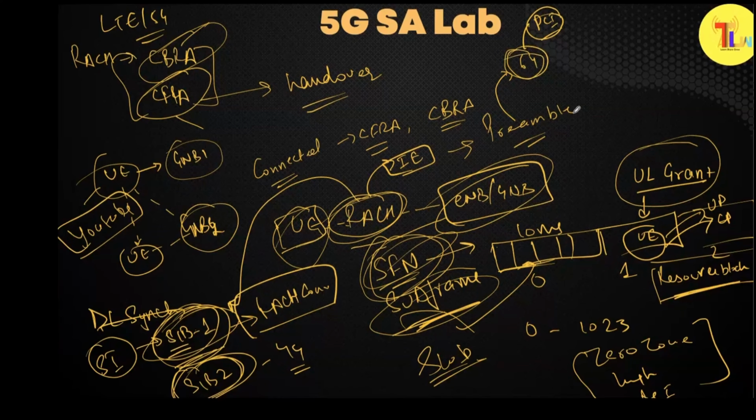RACH message. But can you think of the numerous mobiles getting powered on, or moving from here to there, with handovers happening? In that scenario, if two UEs have taken preamble 27 and are sending it to the eNodeB, what will happen?